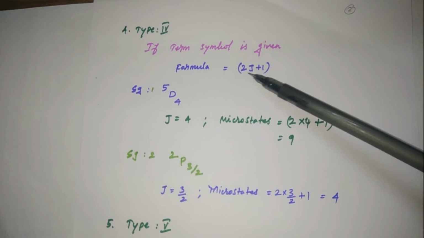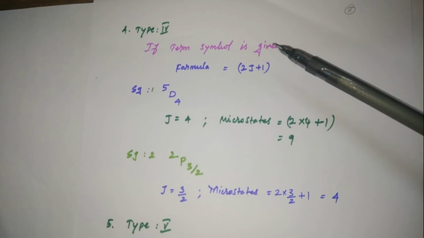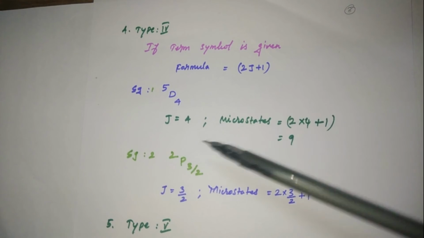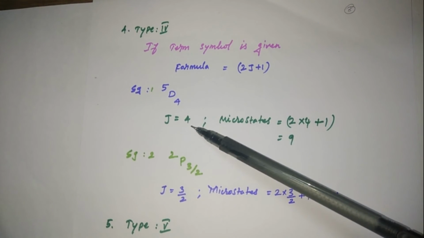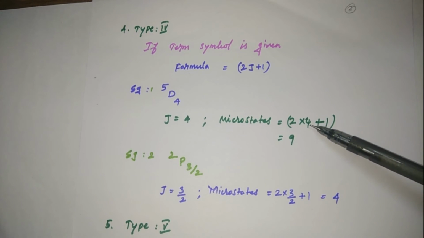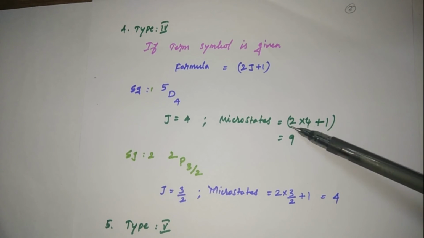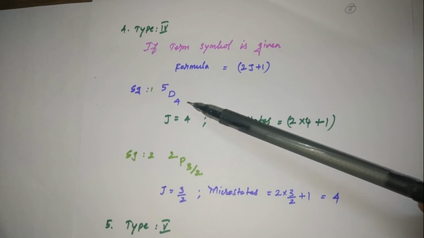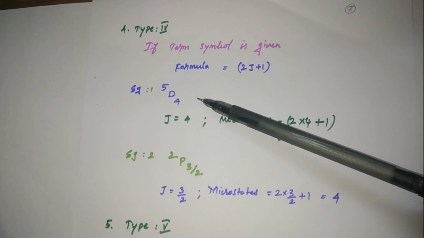If the value of J is known, we can easily calculate the total number of microstates. The value of J is equal to 4. So the number of microstates is 2 into 4 plus 1, 8 plus 1, 9. So for the given term symbol 5D4, the total number of microstates is 9.